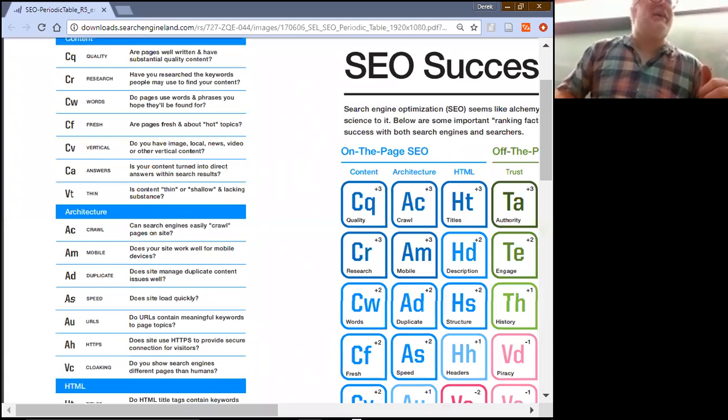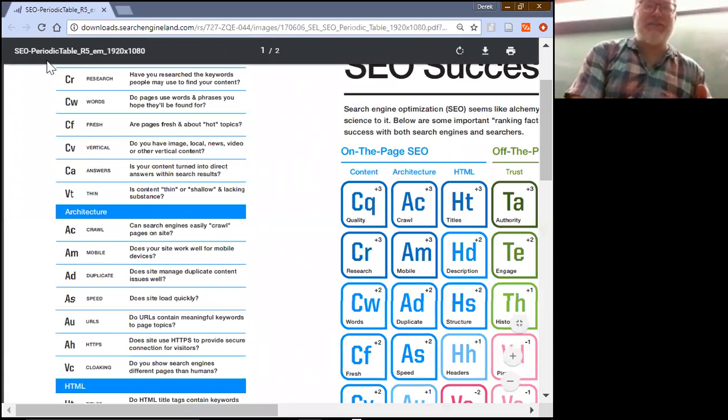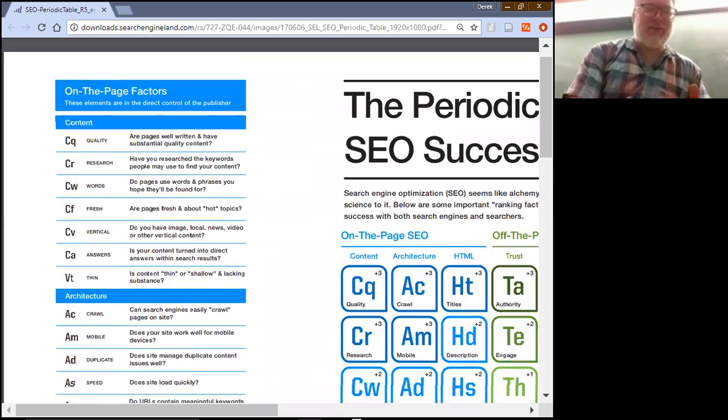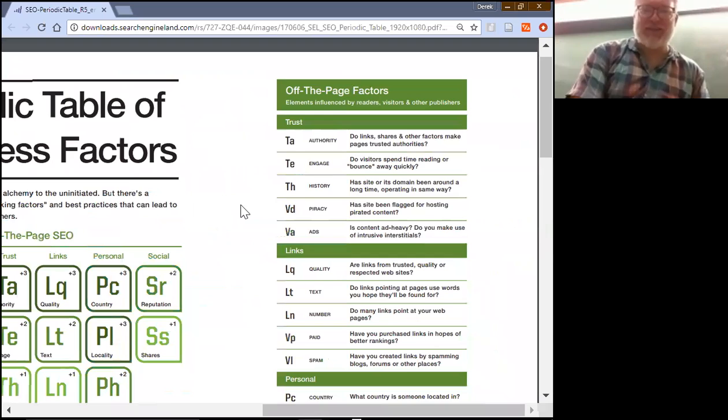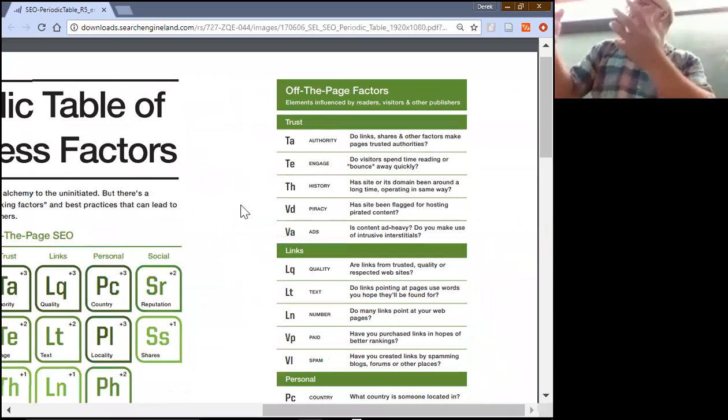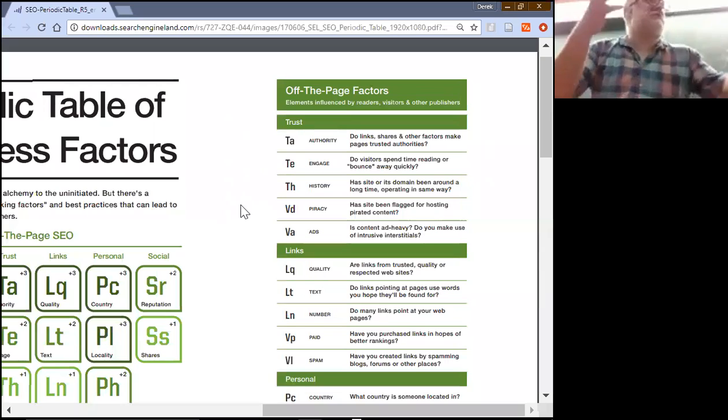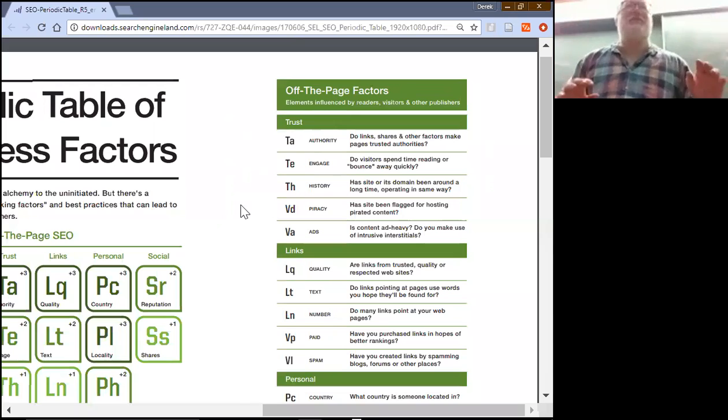Saying "this probably fails on CQ quality, the writing could be improved, and the words you use, factor CW, can be improved" gives very specific, data-based feedback, actionable items that don't just feel like opinions that are personally taken.